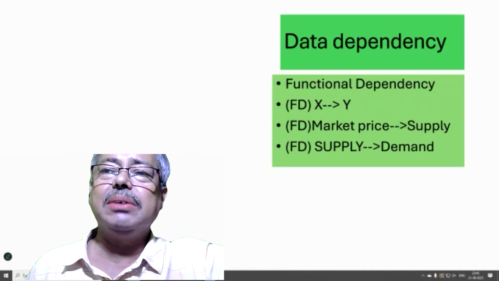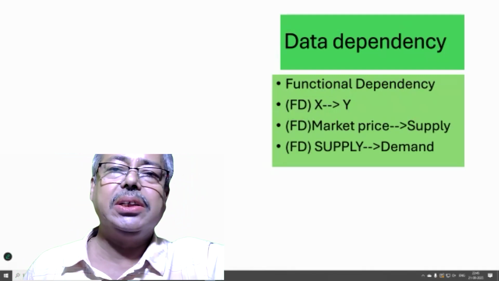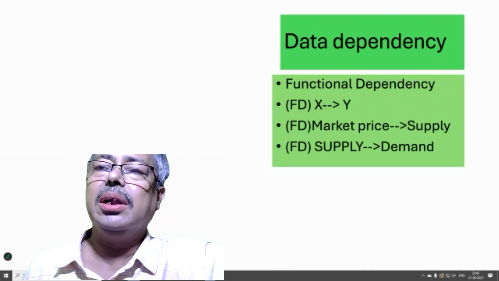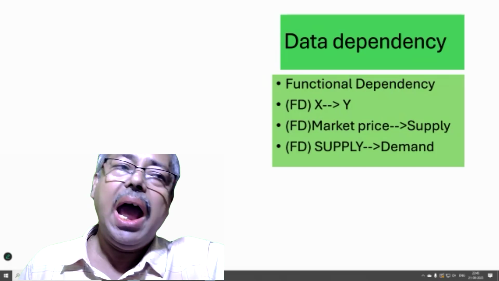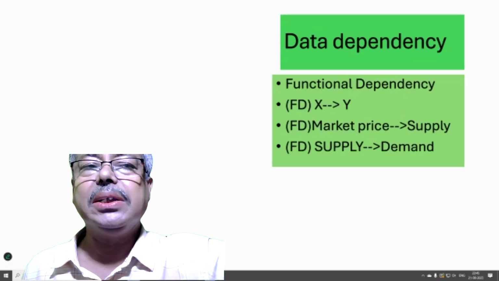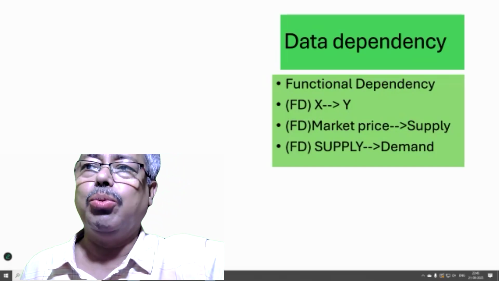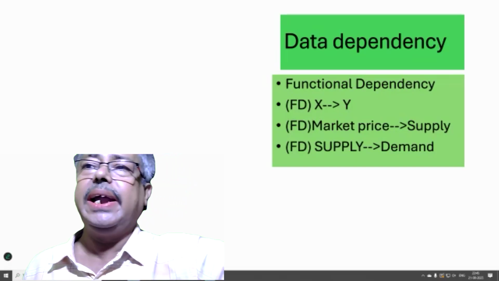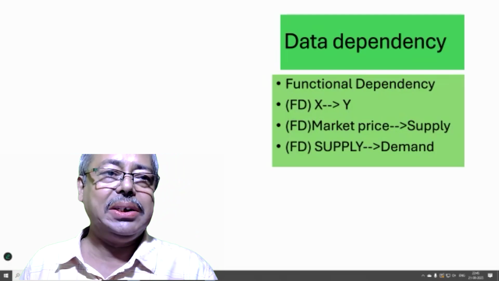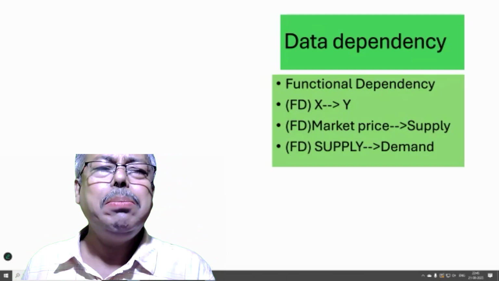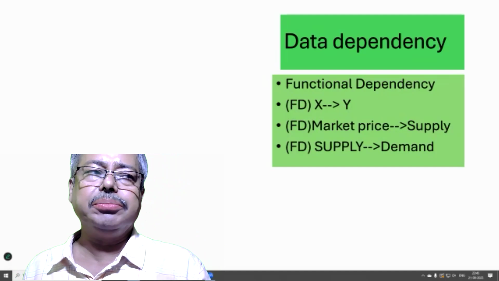So dependency is a figure, and to control the dependency, we have the relational database management system. There are some dependency figures: one to one, one to many, many to many, many to one, a skeleton figure, a simple figure of dependency.